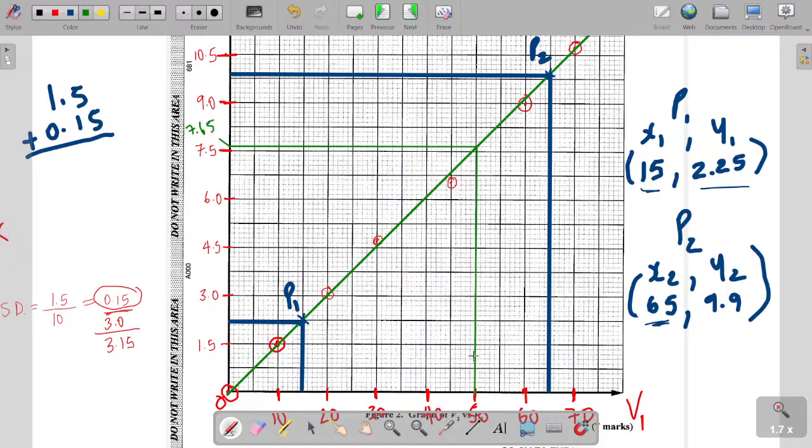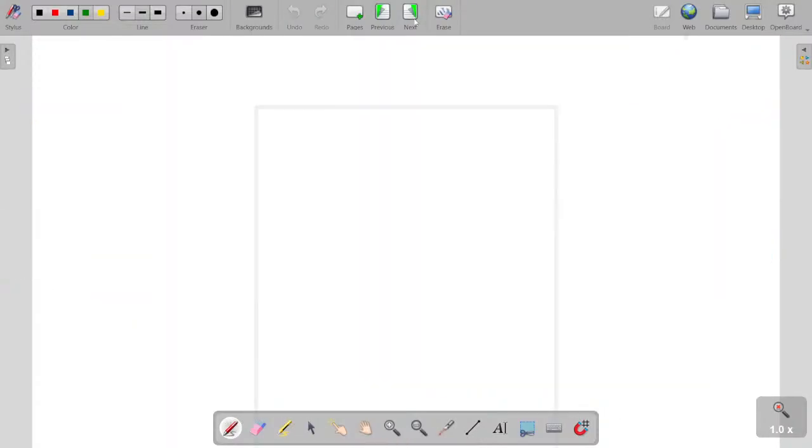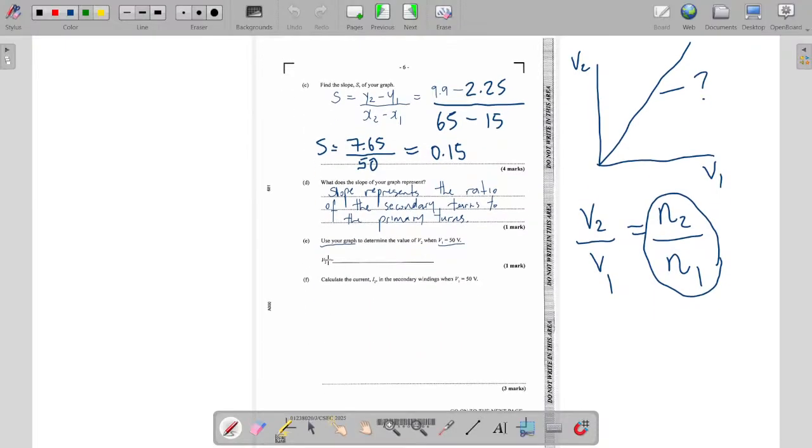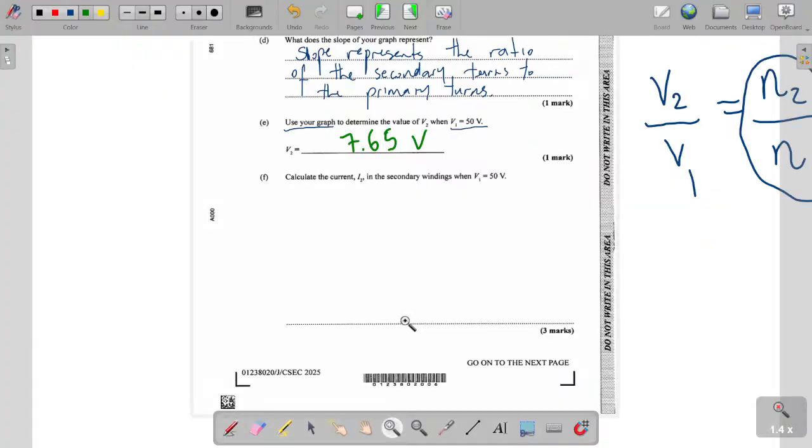So the corresponding value to 50 here, based on the graph, is 7.65. So that's what we'll put for our answer. So I have 7.65 volts as the answer. Moving on to our next question.